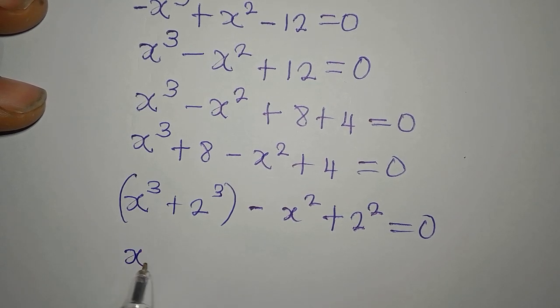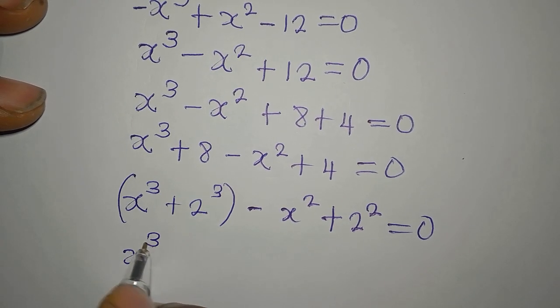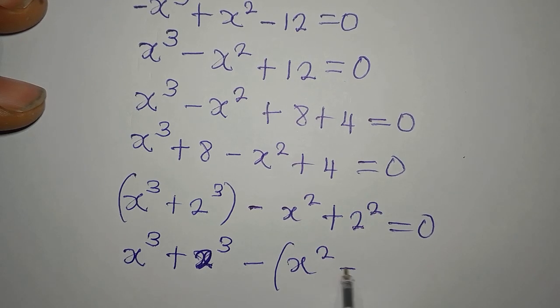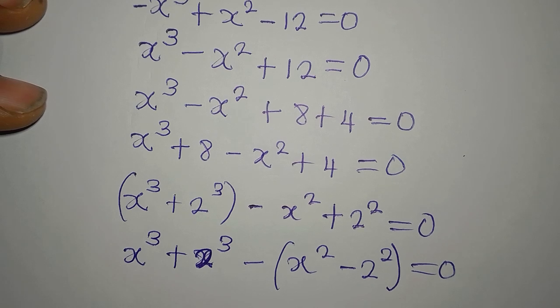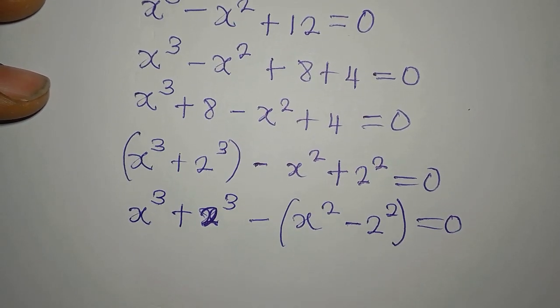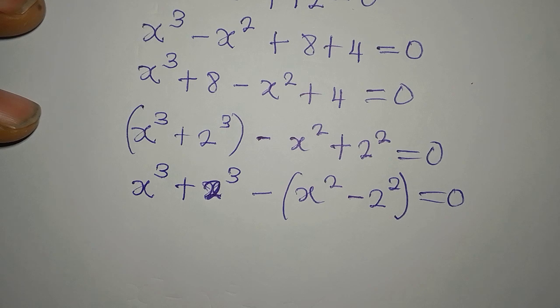So we have x to the power of 3 plus 2 to the power of 3 minus, open bracket, we have x squared minus 2 to the power of 2 equals 0. If we open this bracket, we're going to have this back. So we have not changed anything.